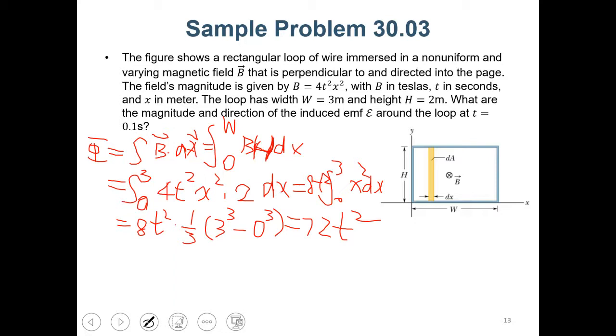So we calculate phi, and then the magnitude of the electromotive force will be the derivative of the magnetic flux, so it will be something like 144t.